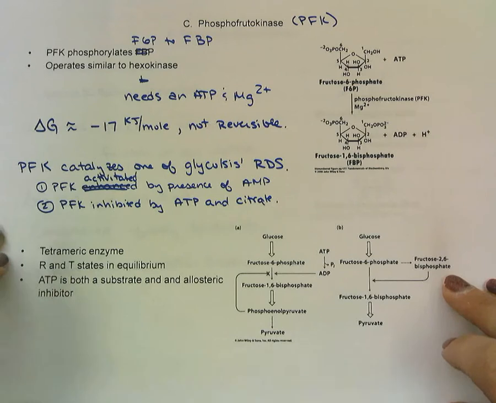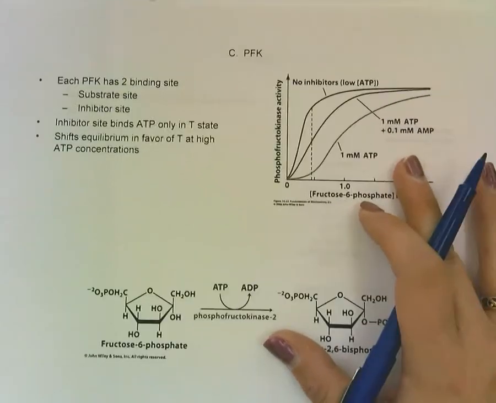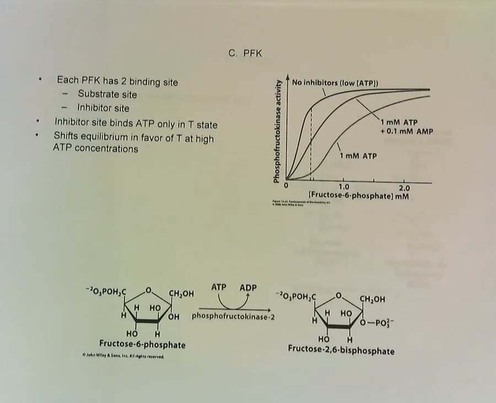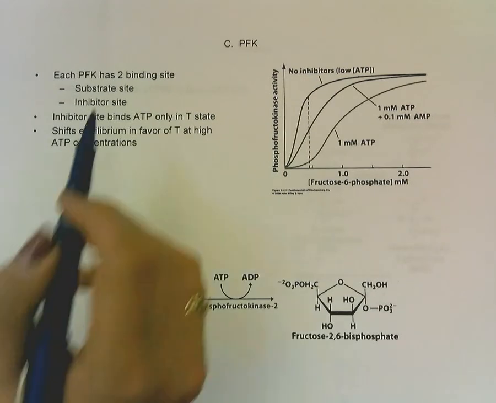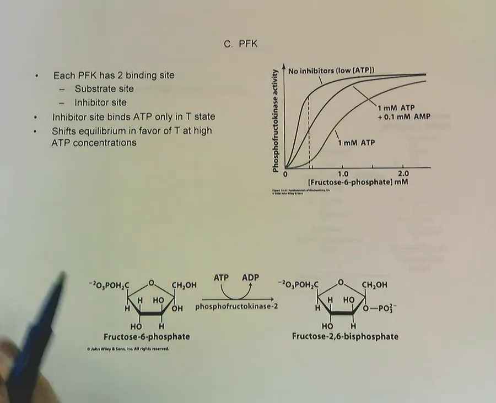So the T and R states are in equilibrium. And so, much like how we imagine hemoglobin to work, it has a T state and an R state. The inhibitor site binds ATP only in the T state.